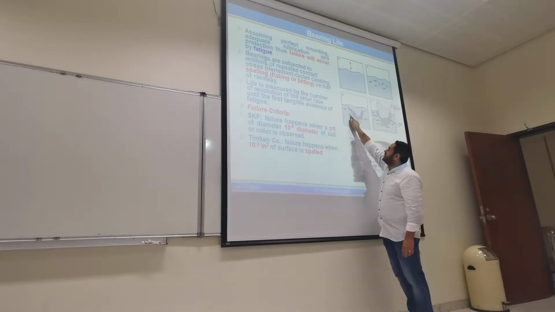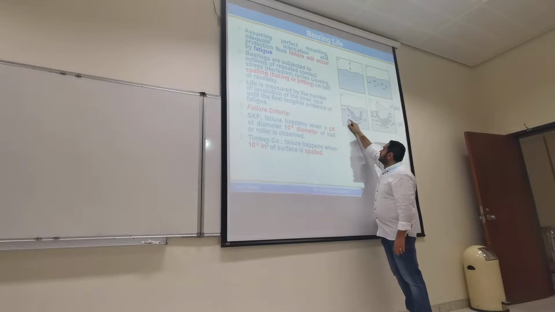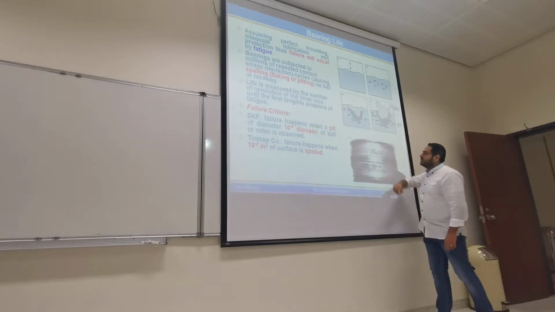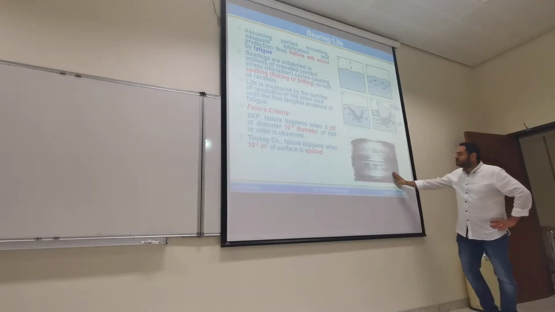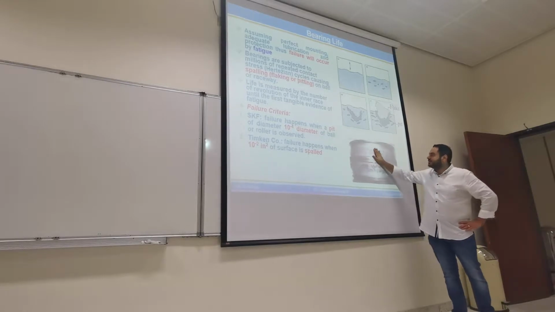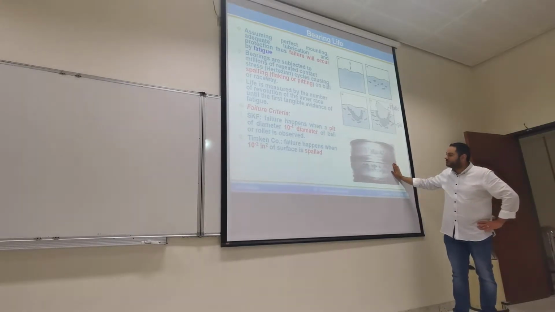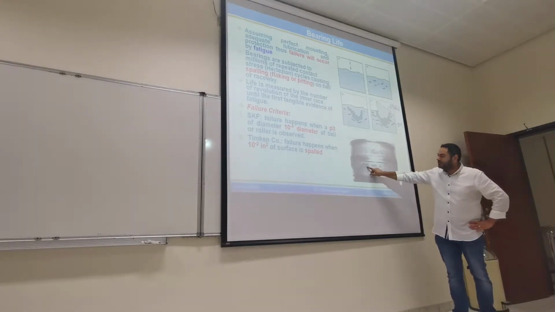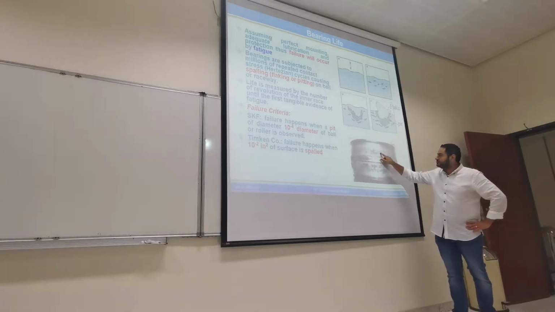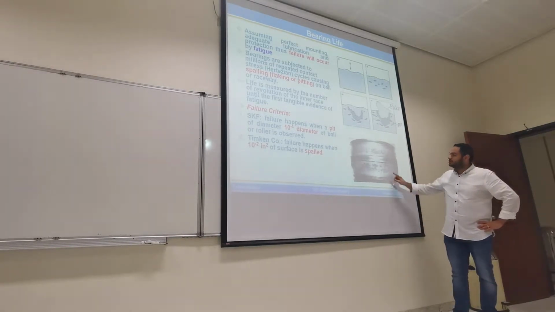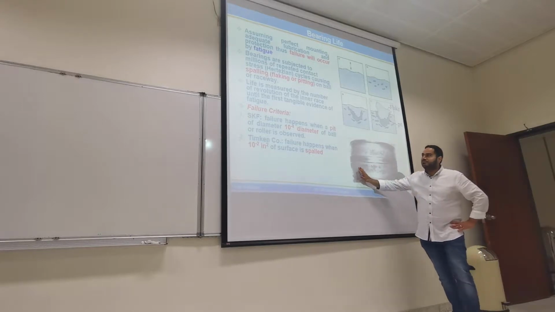So cracks start to grow, and they connect to each other, and you have a failure. This image here shows a failed inner race of a double row ball bearing. You can see the amount of damage in the inner ring, right? This is simply caused by fatigue.